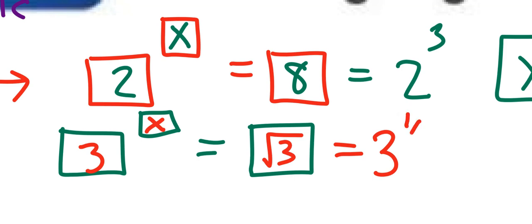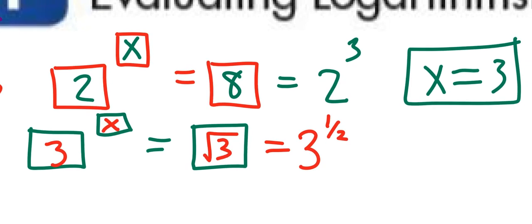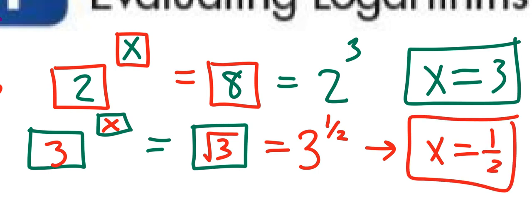It is the 1/2 power. Yes, you have to remember that fractional exponents go with roots. Remember I drew that tree diagram, power over the root? And I'm not very good at drawing. So what do you think x is? 1/2, yep. If the left side equals the right side and the bases are the same, the exponents have to be the same also.